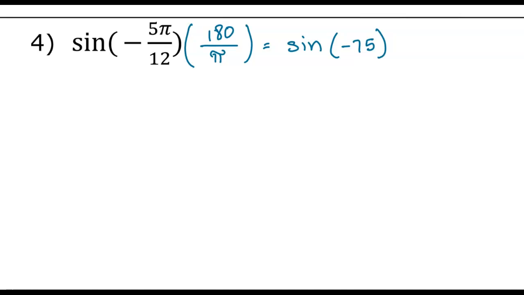It has to come out to a pretty number, guys, because otherwise you couldn't use these sum or difference identities. Equals negative 75. The sign's out in front. We're just multiplying these two together to convert to degrees. So negative 5 pi over 12 times 180 over pi becomes negative 75. The pi's cancel.